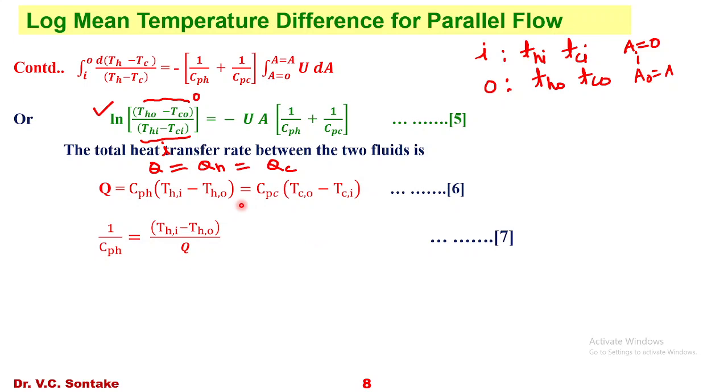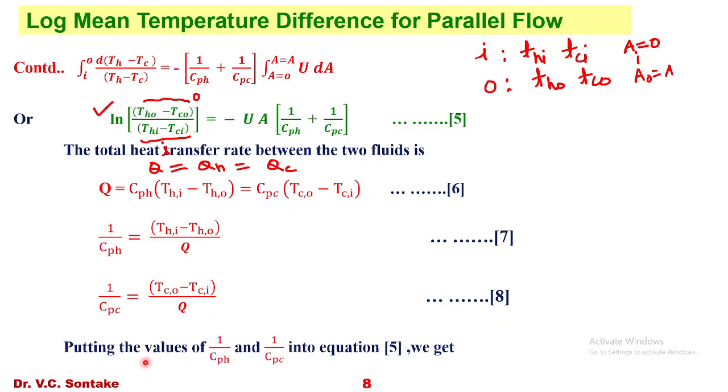Now rearranging equation number 6 in the form of expressions for 1 upon CPH and 1 upon CPC, it will give the expression like this: 1 over CPH is equal to THI minus THO over Q. Let's say this is equation number 7. And 1 over CPC is equal to TCO minus TCI over Q. Let us say this is equation number 8.